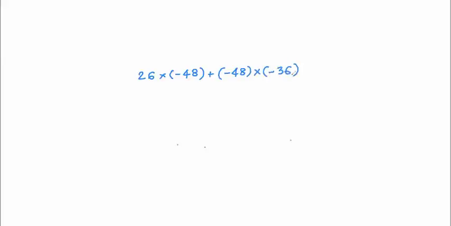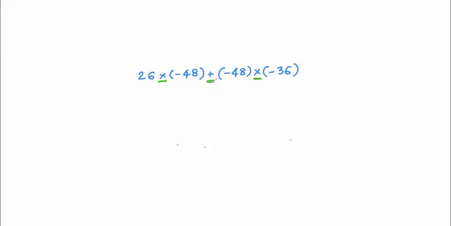Now, when we see this example, we observe that there are two types of operations. There is multiplication and there is also addition. Whenever we see two types of operations, think about the distributive property.